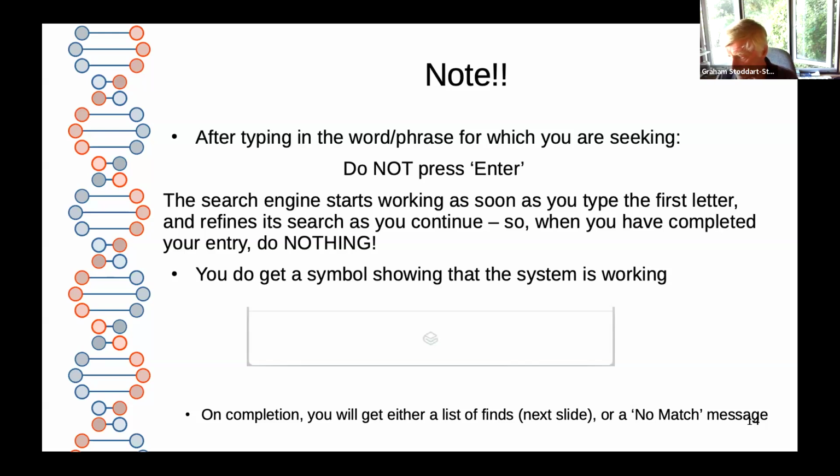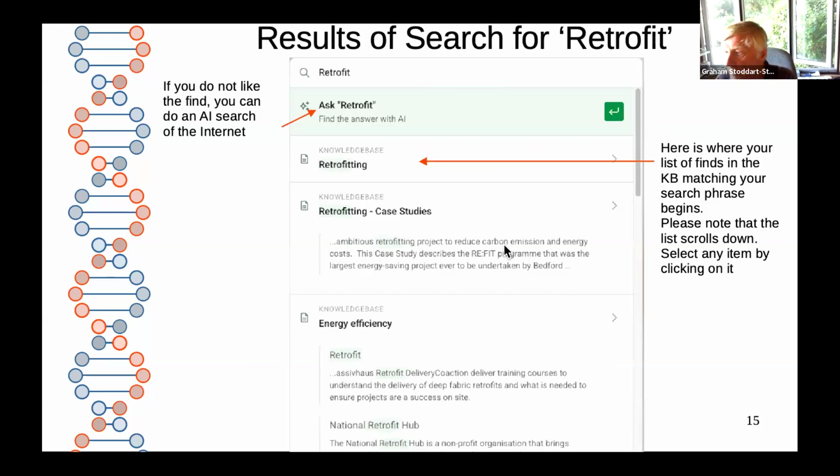So you do get a symbol, the lines on that icon circulating around, as the system is working to let you know that it's not gone dead. And then when it finishes that, it comes up with a list very much a la Google. And then again, very much a la Google, if you want to read any of the documents, just click on the title.